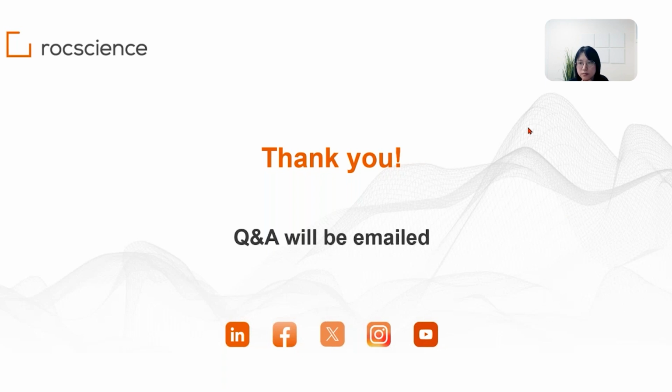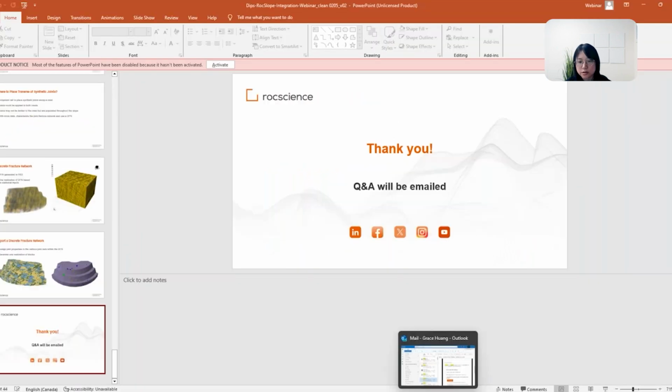Can you briefly comment how joint location is defined in RS3 with the DFN tool? So let me just exit this slideshow. Let me just go back to RS3.